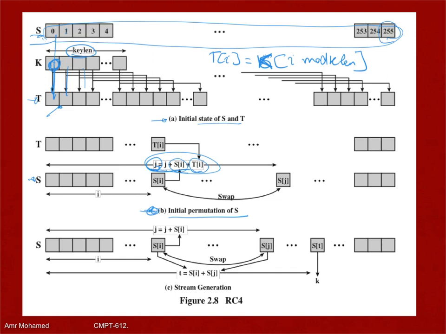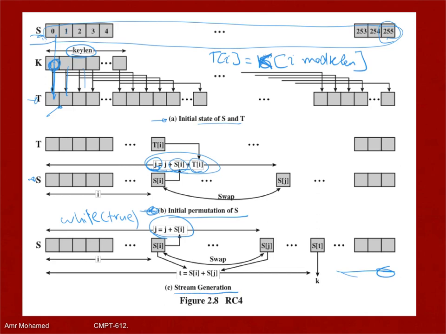That's it. But we said that the output is of arbitrary size, right? So that's this step. This step is while true, which means that the length here can get as long as you want. So this step is the stream generation.